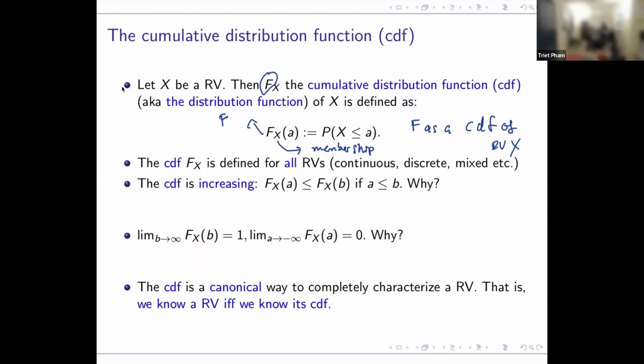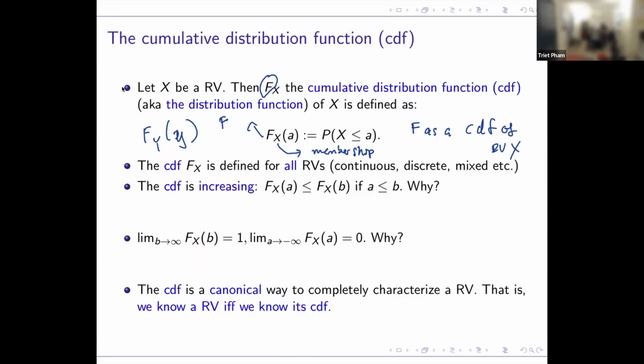Why? Because there are occasions where we have to look at two random variables at the same time. So we will look at the cumulative distribution of the random variable Y and the CDF of the random variable X. That's there for that reason. And then finally, A here is where it's evaluated.